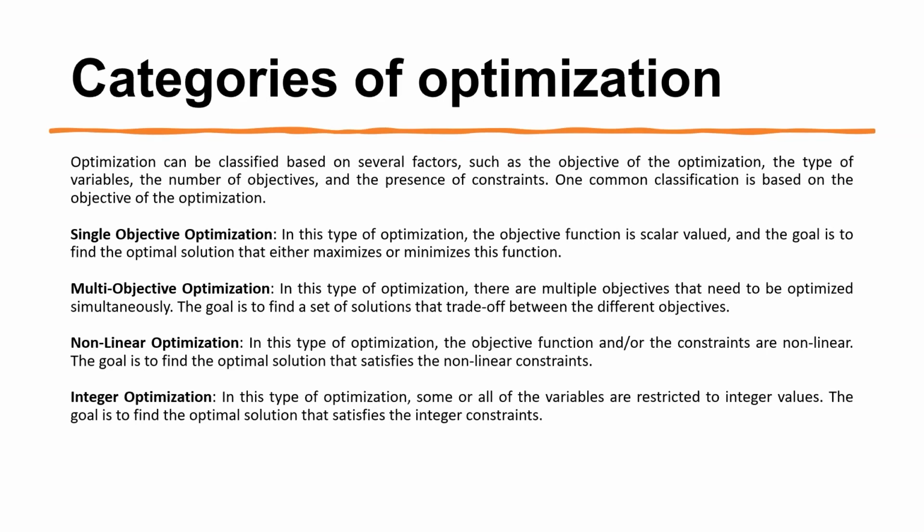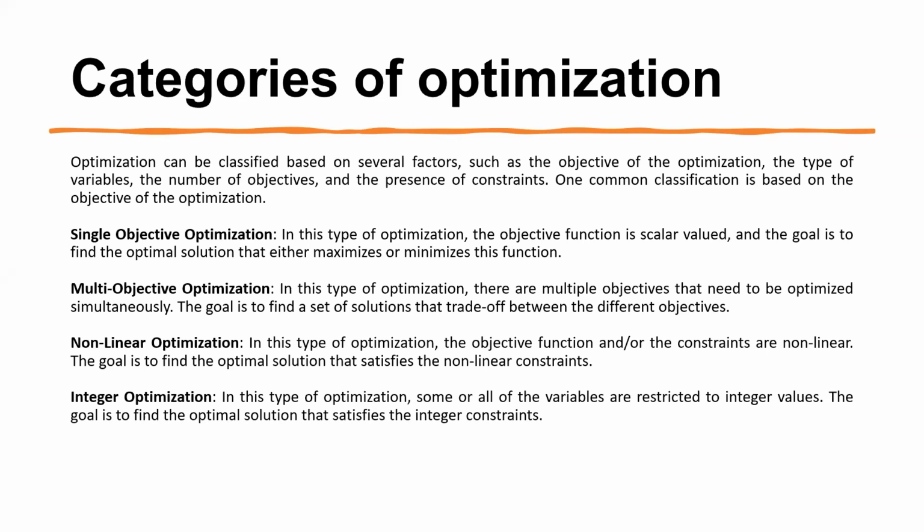In a single objective optimization, the objective function should be scalar. If it is an integer or something else, it will not be called single objective optimization. And there will be a set of algorithms which operate only for single objective optimization, which is only for scalar. So that is one kind of optimization.